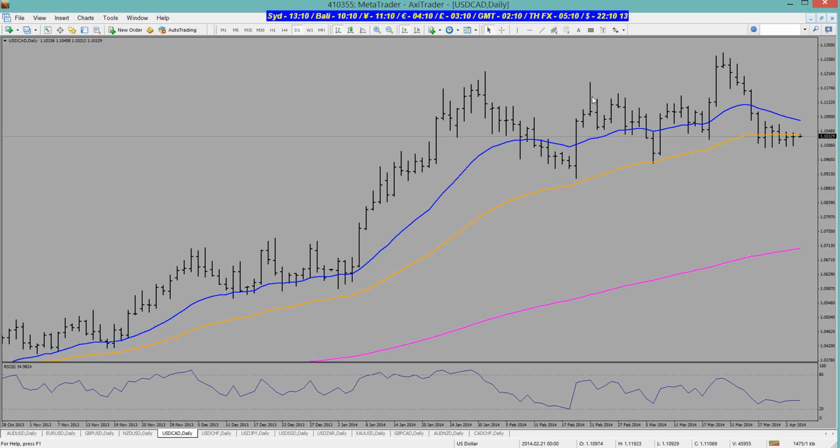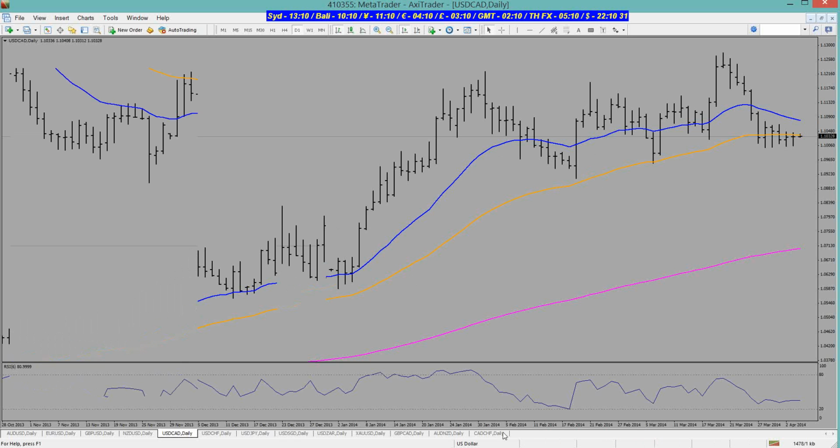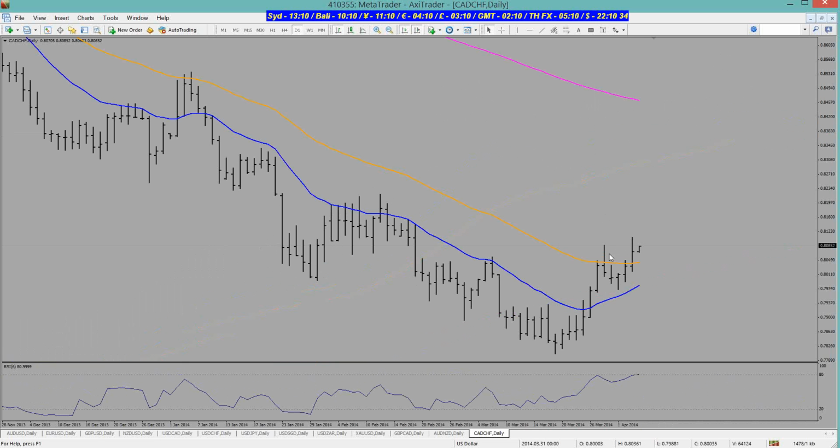If I'm not in a trade, if I'm in the trade, I'll manage it, absolutely. But I'm not going to get in on a trade on a 50-50 bet that it could go in my favour. If the CAD Swiss sets up again, absolutely, and I'll come to the CAD Swiss because there's another question on it.